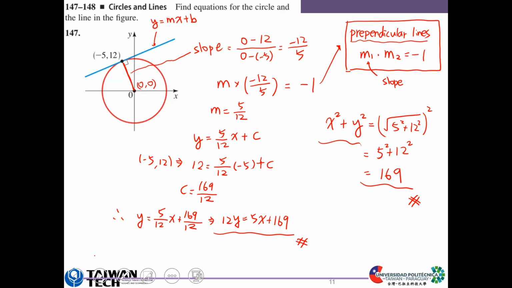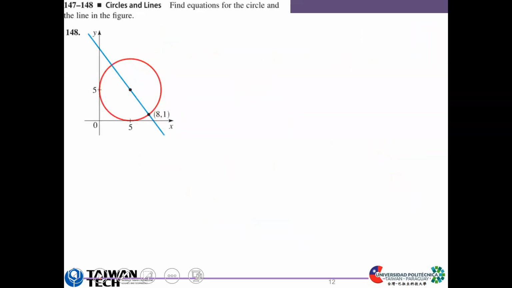Okay. And then we talk about the third problem. It's 148. It asks you to find the equations for the line and for the circle. For the line, if we have 2 points, we can find the slope.